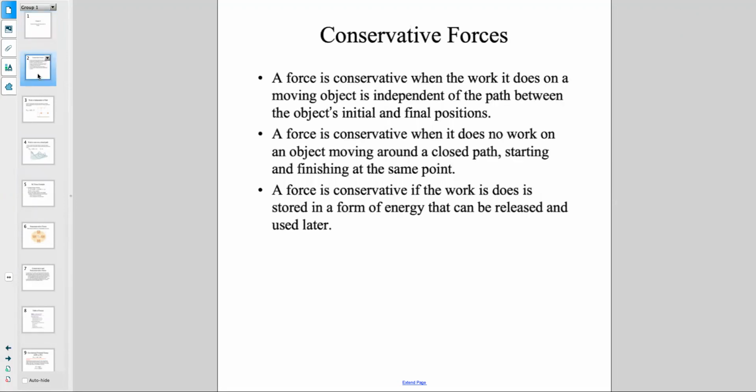So, conservative forces. A force is conservative when the work it does on a moving object is independent of the path between the object's initial and final position.